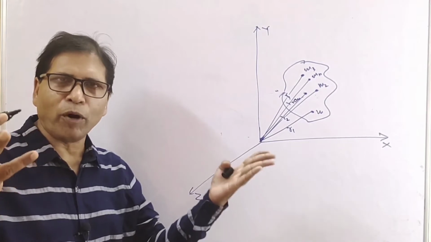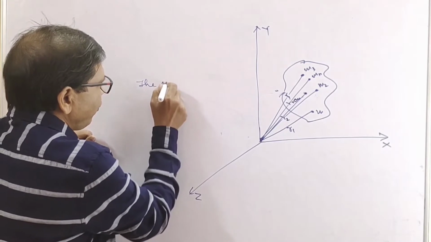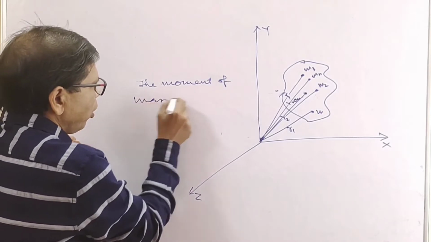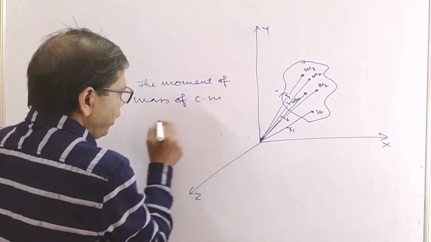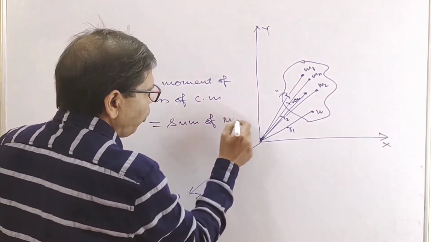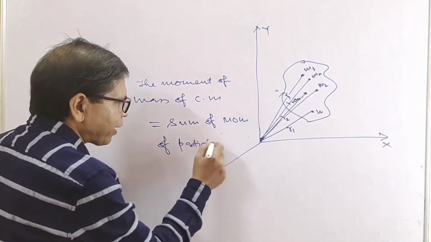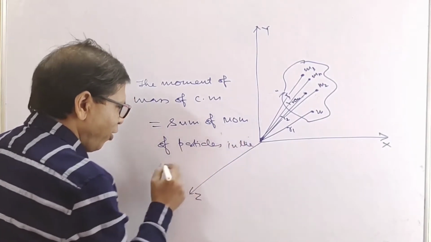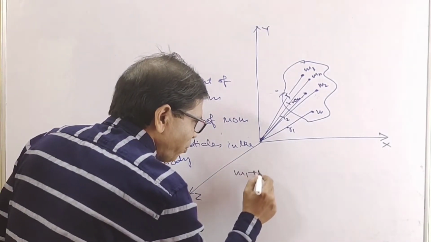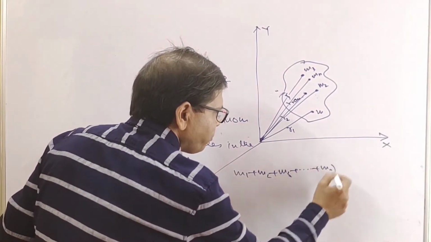From the principle of moment of mass, the moment of mass of cm is equal to the sum of moments of mass of all particles in the body. So the moment of mass of cm is (m1 plus m2 plus m3 plus ... plus mn) into rcm.